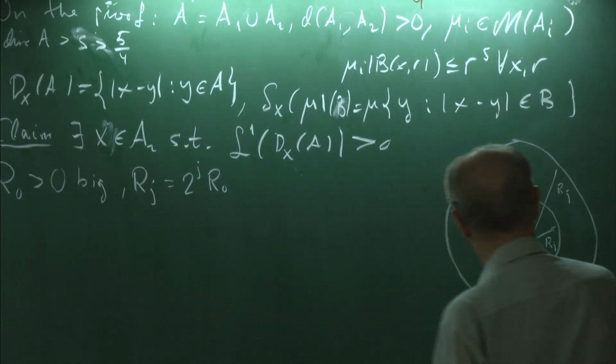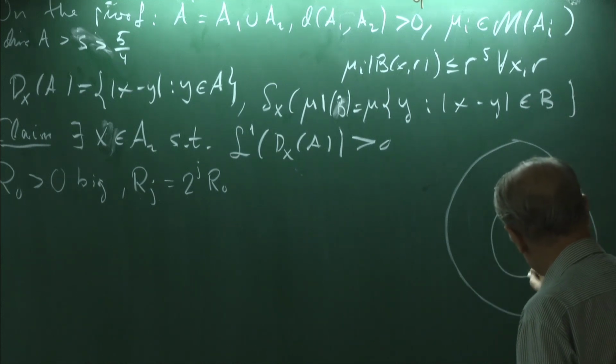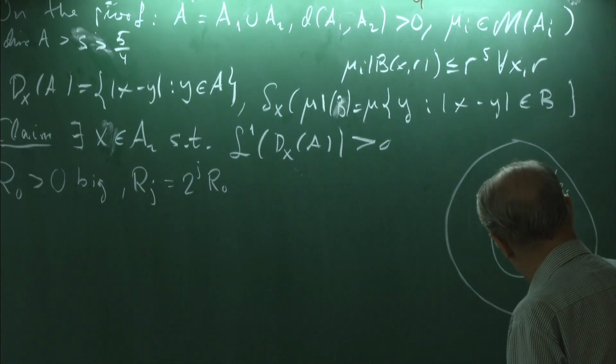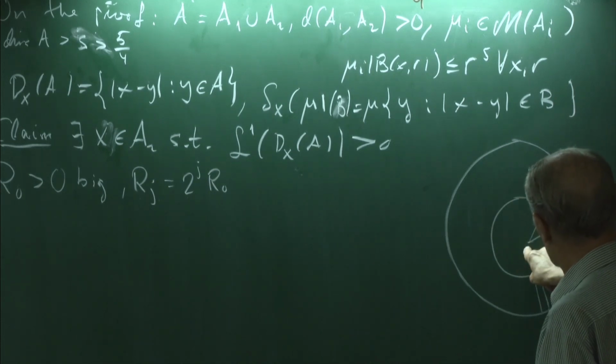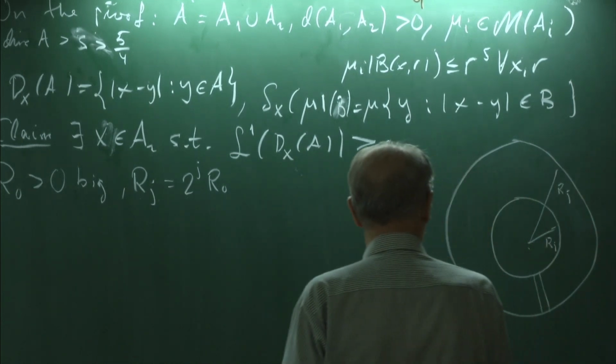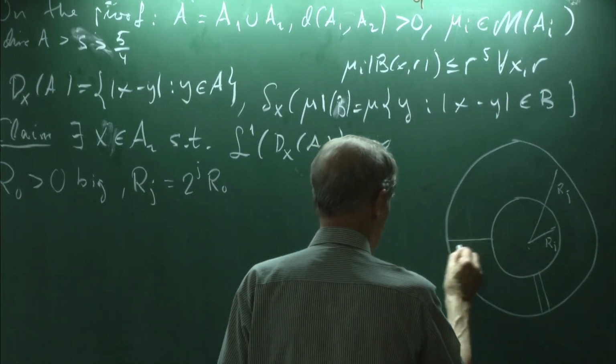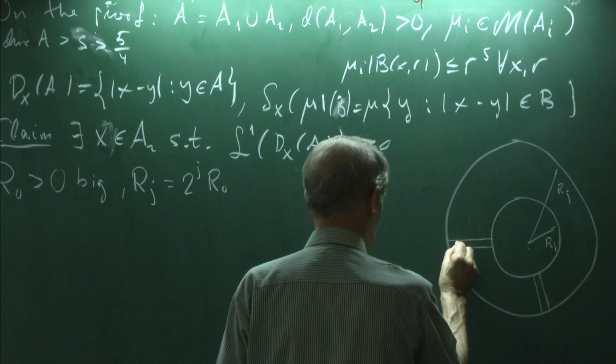And then this annulus I split into rectangles which point to the center, to the origin. And maybe here is one which I call tau.